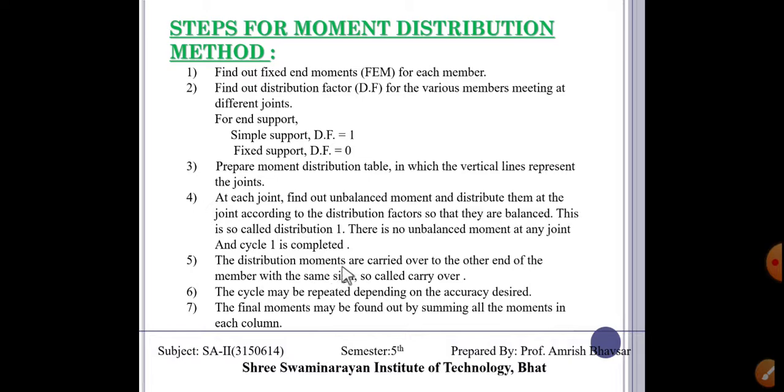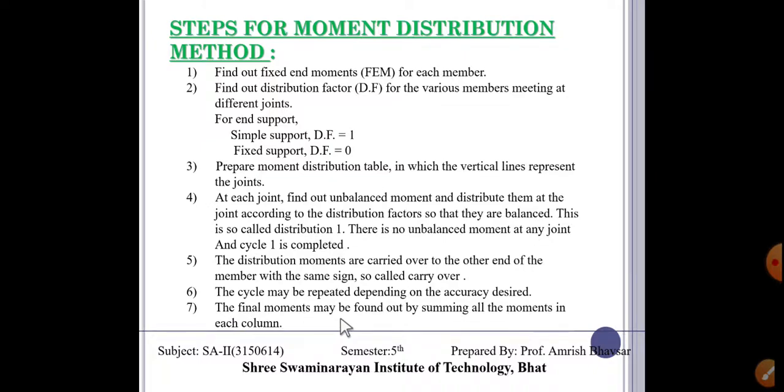The distribution moment is carried over to the other end of the member with the same sign, so it is called carryover. The cycle may be repeated depending on the accuracy desired.